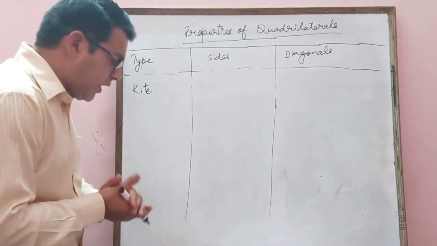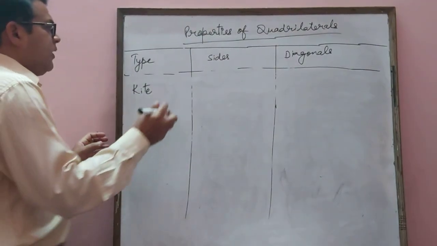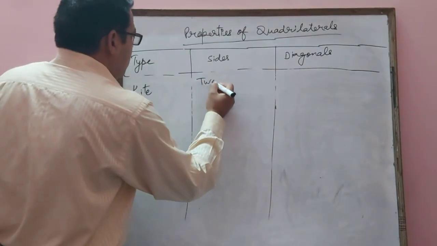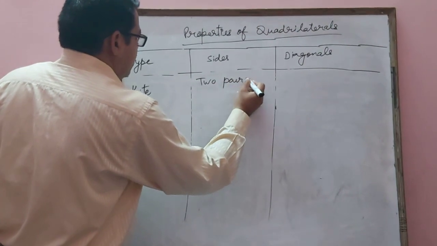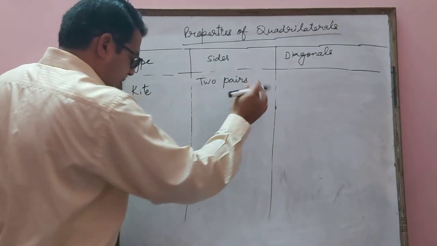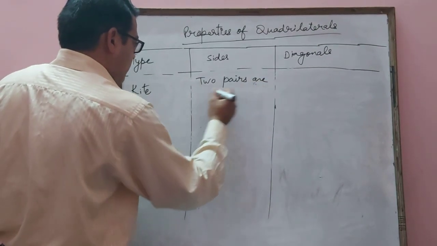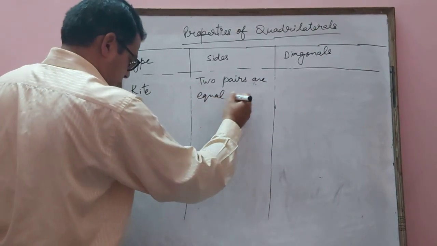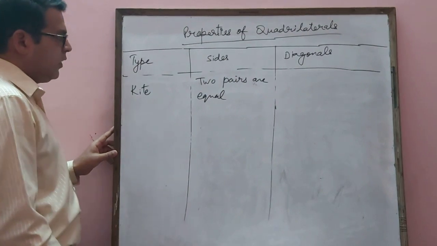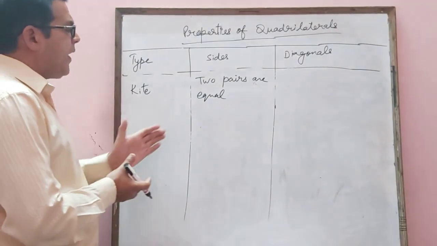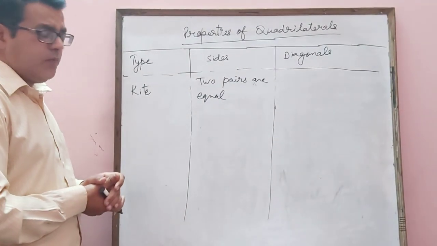You just take your time and recall it. Two pairs of sides, I have already written there, are equal. Two pairs are equal, right?